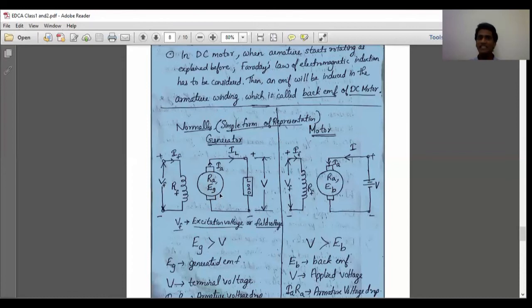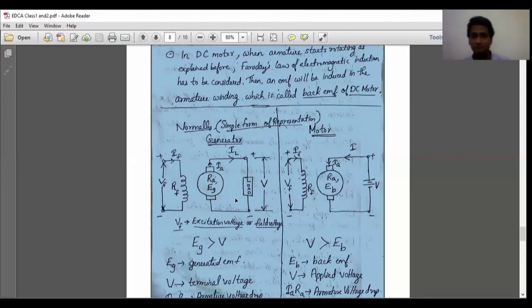So even if EG is produced here, due to the presence of current IA, there will be a drop called the IARA drop, that is armature drop. Armature drop means voltage is dropping there. So what will be the terminal voltage V? V will be less than the generated voltage. That's the basics you have to understand from this figure.